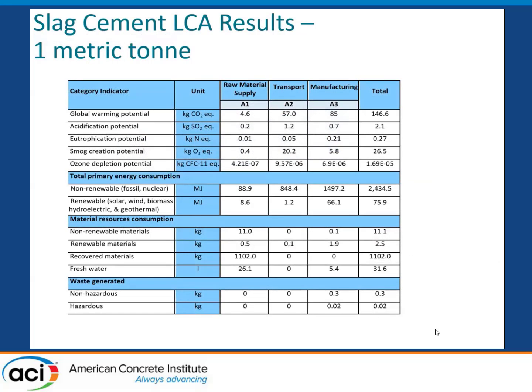Here's a good example. Now we're going to look at an industry EPD, which would have been from the Slag Cement Association. Most of the EPDs that you're going to see on concrete are on what we call A1 to A3, which are the raw material supply, transportation, and manufacturing.